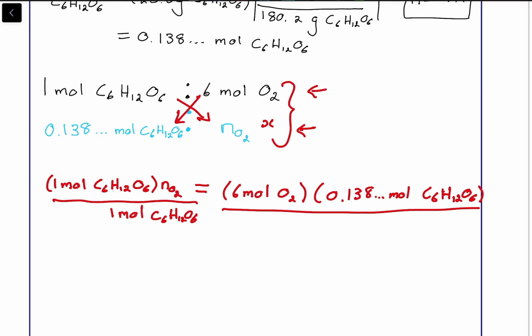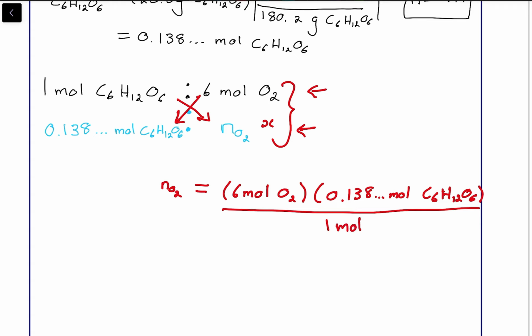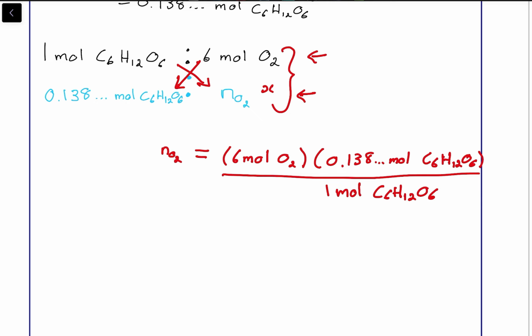So I'm going to rub this out. I hope you allow me to do that. So we're left with 1 mole C6H12O6. All right. And what do you notice now with your units?